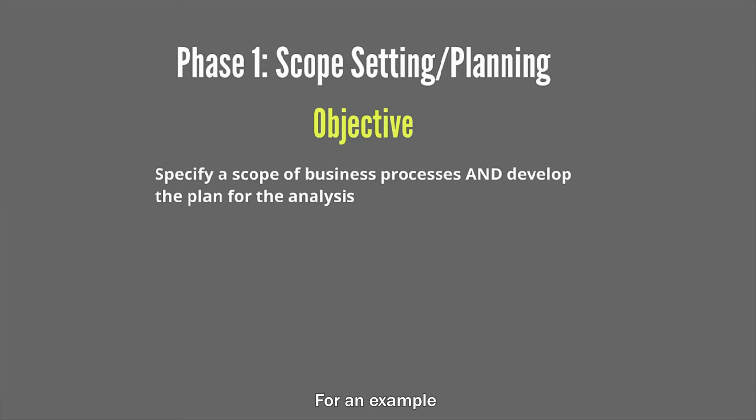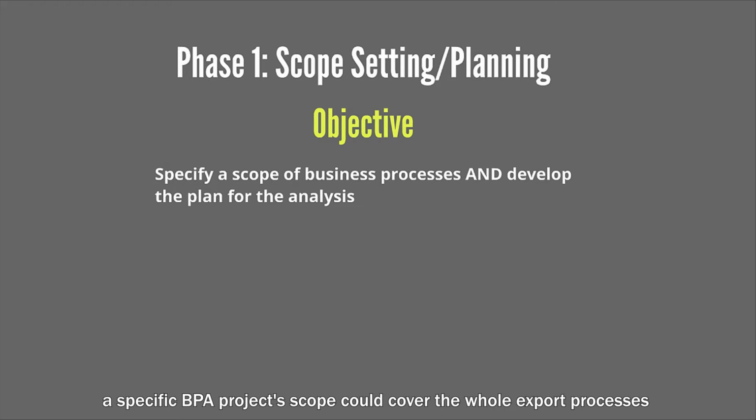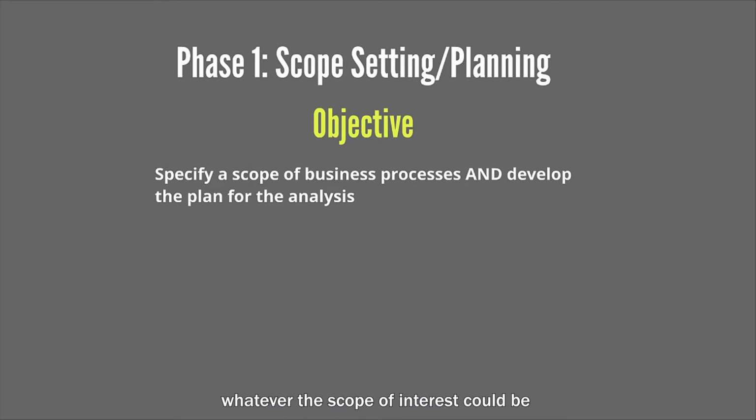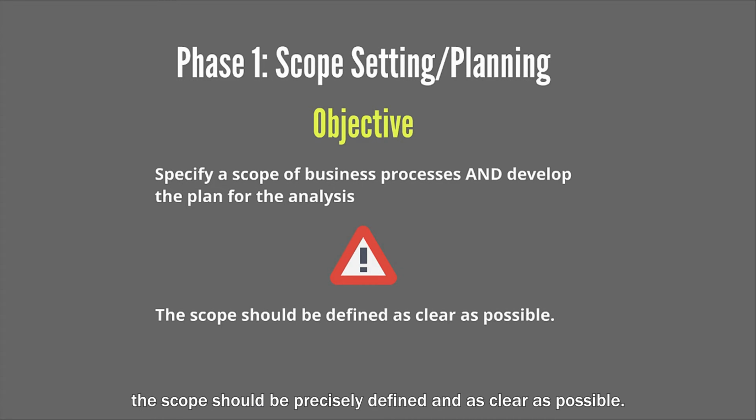For example, a specific BPA project scope could cover the whole export processes of a specified product through the major mode of transportation normally used for that product. However, whatever the scope of interest could be, the scope should be precisely defined and as clear as possible.